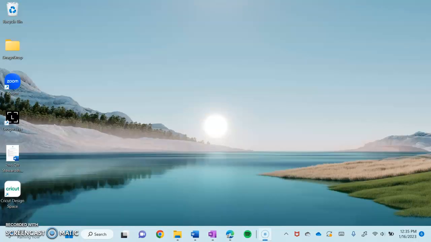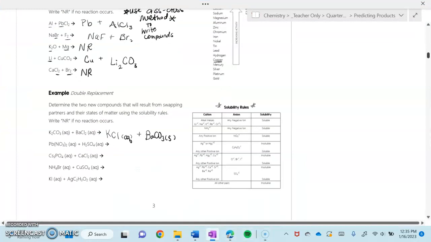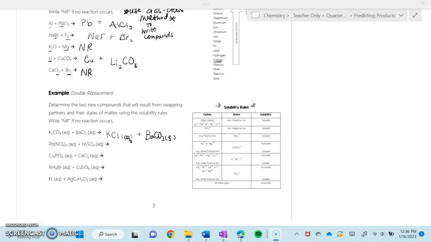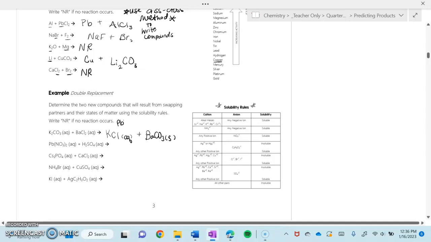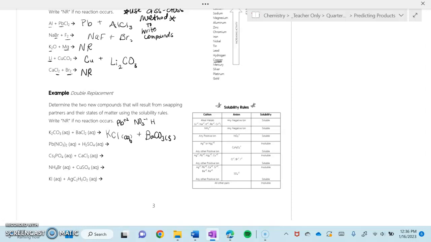Okay, so we've got lead, nitrate, hydrogen, and sulfate. Now we'll make our new pairs. Lead is going to go with sulfate, and hydrogen with nitrate.